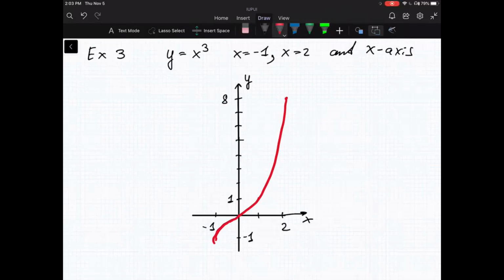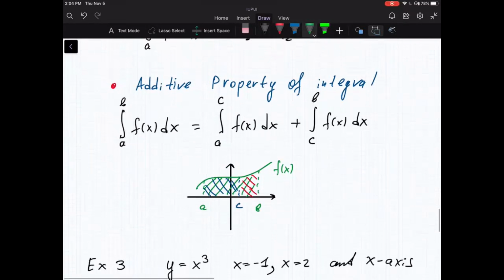And I'm interested in the area bounded by this curve, x equals -1 and x equals 2. So this is the area that I'm looking for. And from the picture, we indeed see that we have a problem, because part of our region is below the x-axis. But we will use this property.